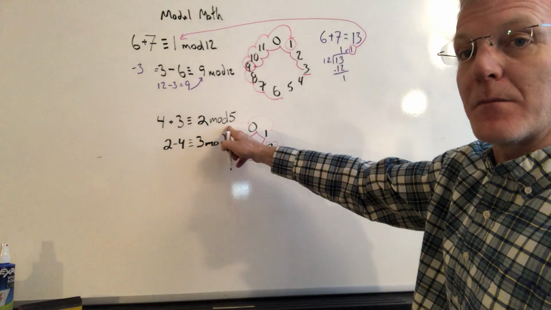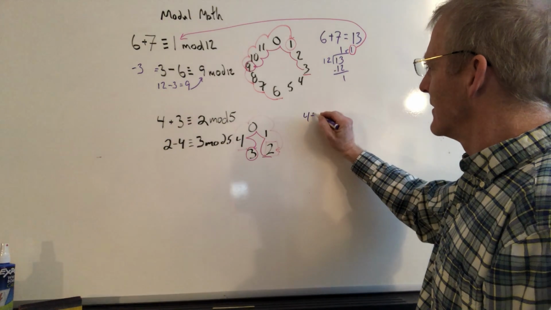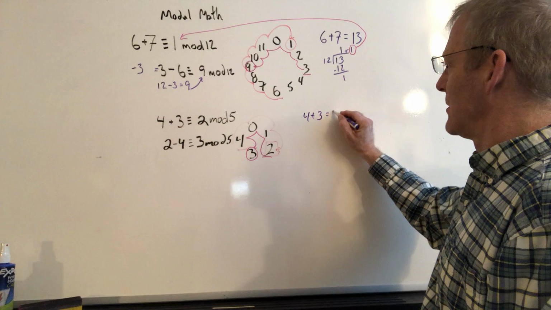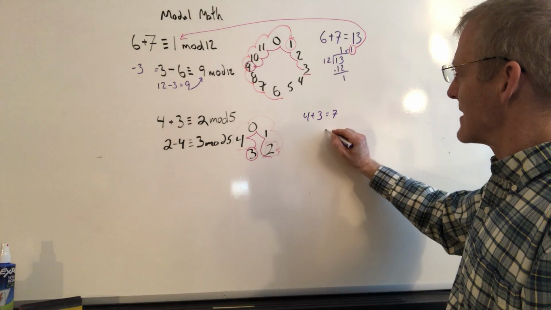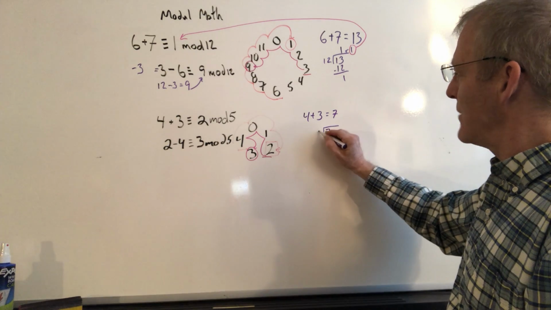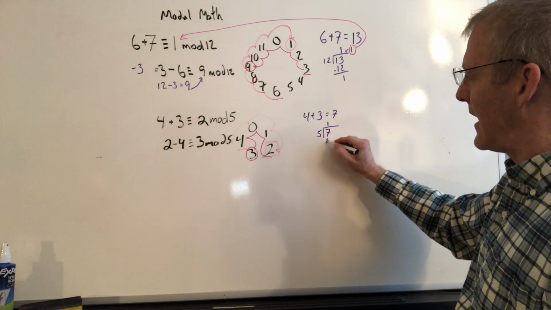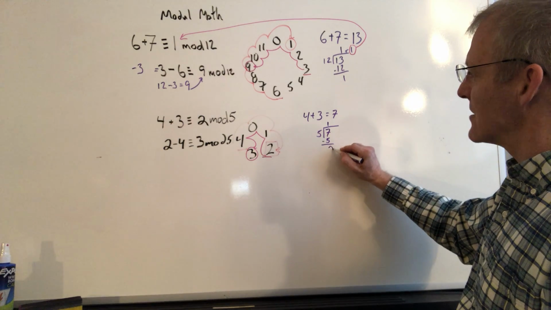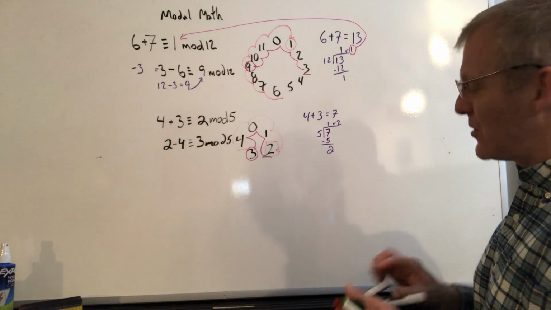Does it work for a different mod? Of course it does. 4 plus 3 is equal to 7. We're in mod 5, so 7 divided by 5, 5 goes into 7 once. 1 times 5 is 5. The subtraction gives us the 2, the remainder being 2.